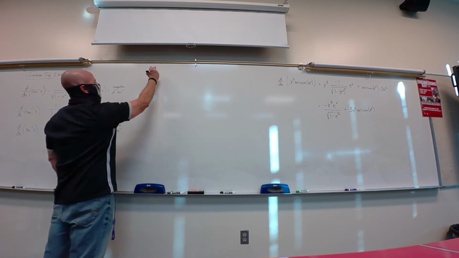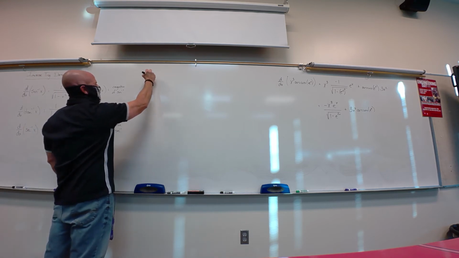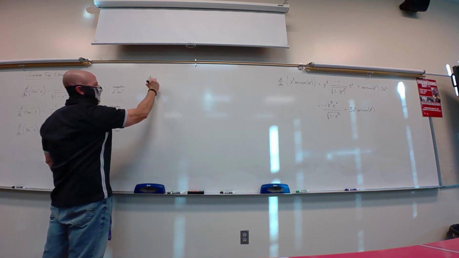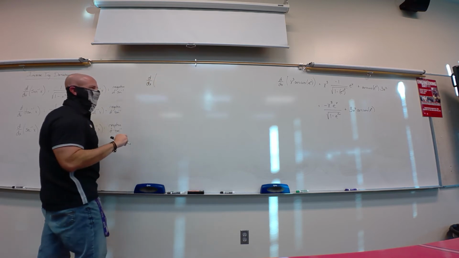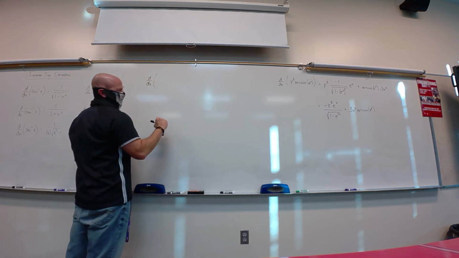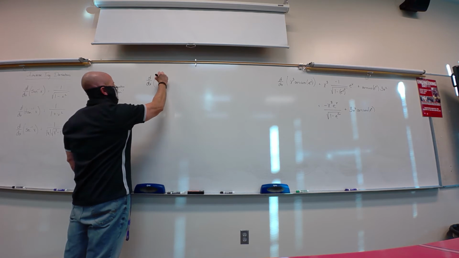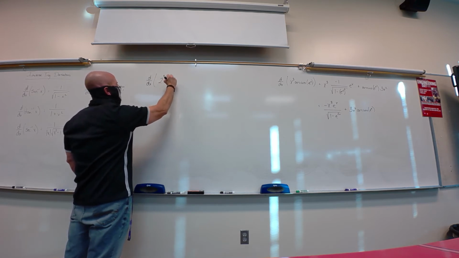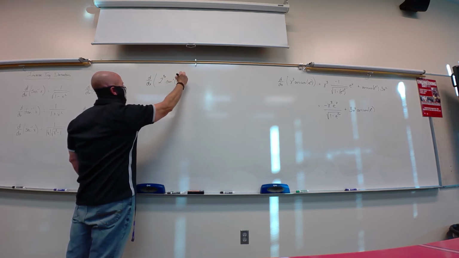All right, you write out the long form of this one. Derivative with respect to x. Let's go 2 to the 4x sine inverse 1 minus x.